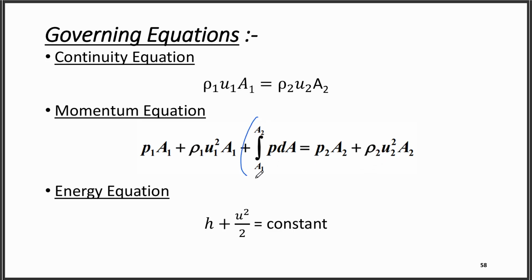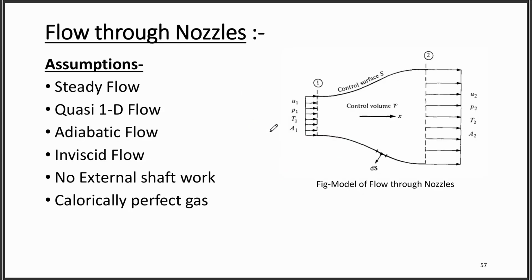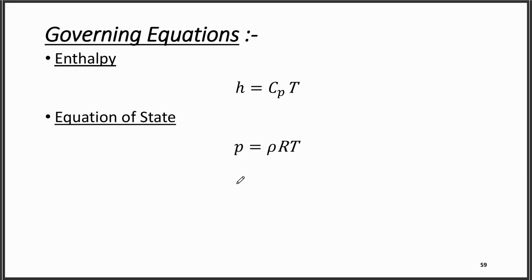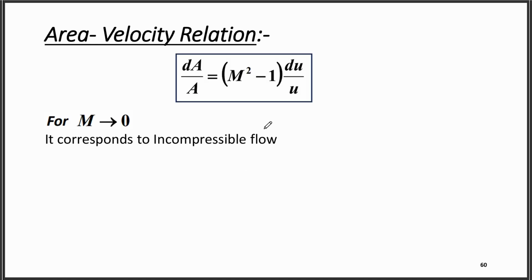This integral term we get due to the area change on this surface. The energy equation is similar to before, h plus u square upon 2 equal to constant, and the rest of the equations are also the same: enthalpy h equal to cp T and the equation of state p equal to rho R T.